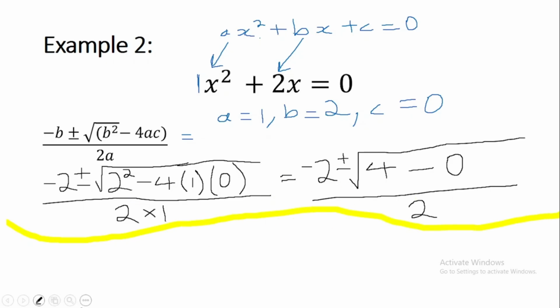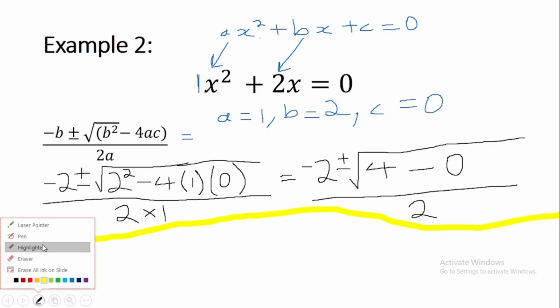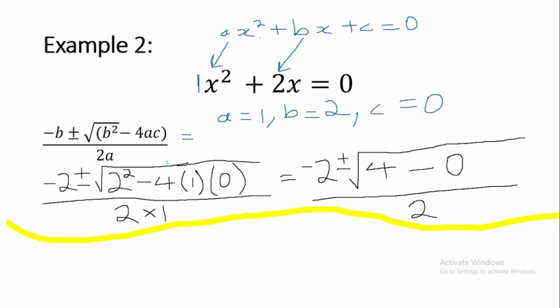Alright, so now that we have this, we're just going to finish it below. We're just going to continue this part right down that side. So it's going to be negative 2 plus or minus the square root of 4 all over 2.